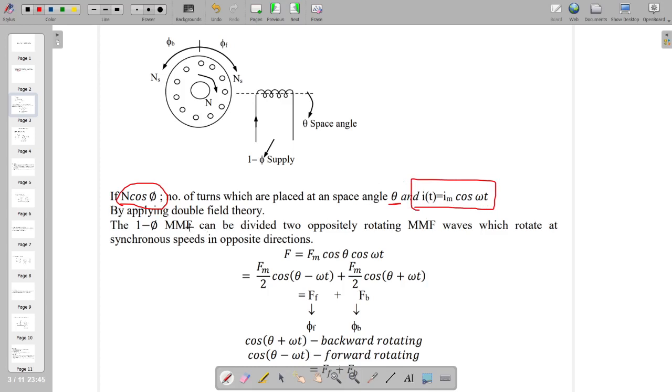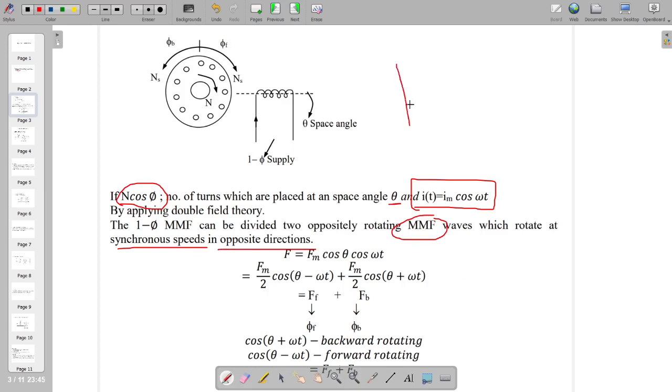By applying the double revolving theory, the single phase magnetomotive force can be divided into two oppositely rotating mmf waves, rotating with the synchronous speed in opposite directions.